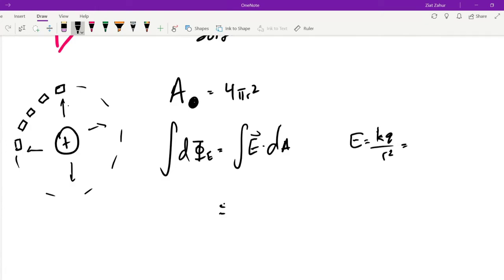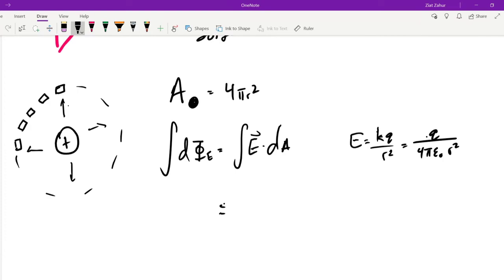Recall that K is equal to 1 over 4 pi epsilon naught. Okay.